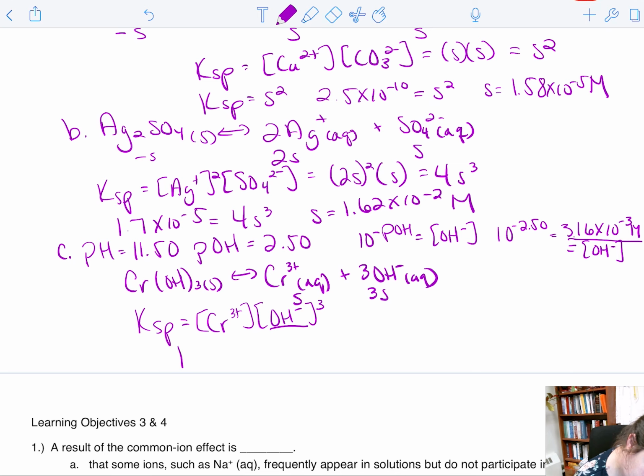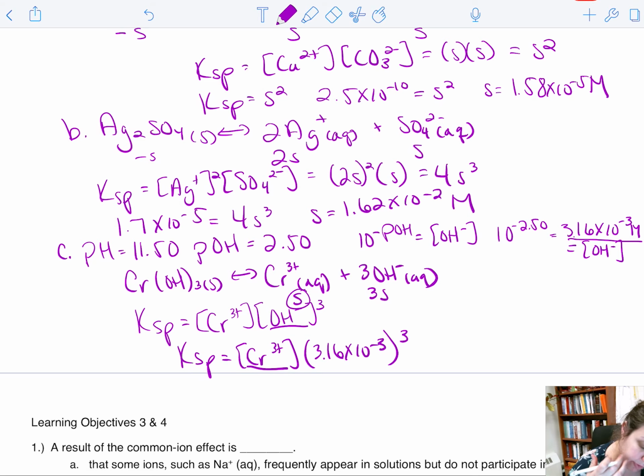So we have KSP is equal to Cr3 plus times 3.16 times 10 to the negative 3 cubed. And this is equal to S, or molar solubility.